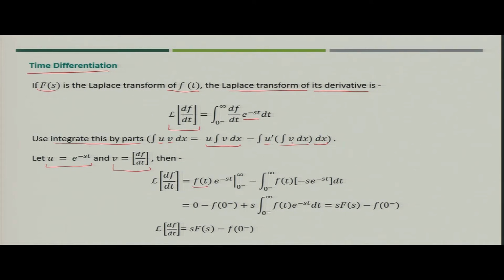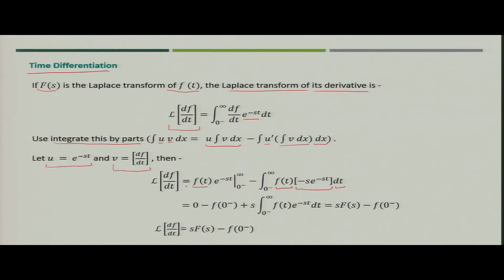Then for the second term, you integrate between 0 and infinity, u dash, that is du by dt, which is minus s into e to the power minus st, and again the integral of v dx, which is nothing but the function f(t), and then dt.